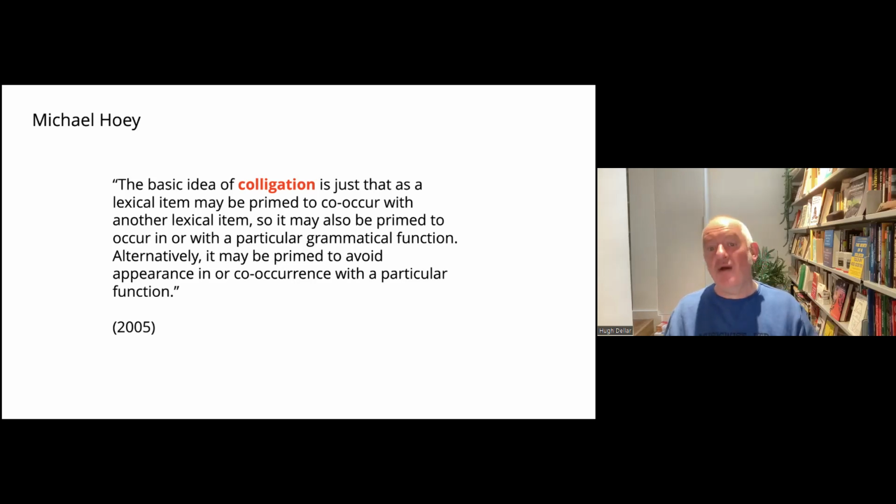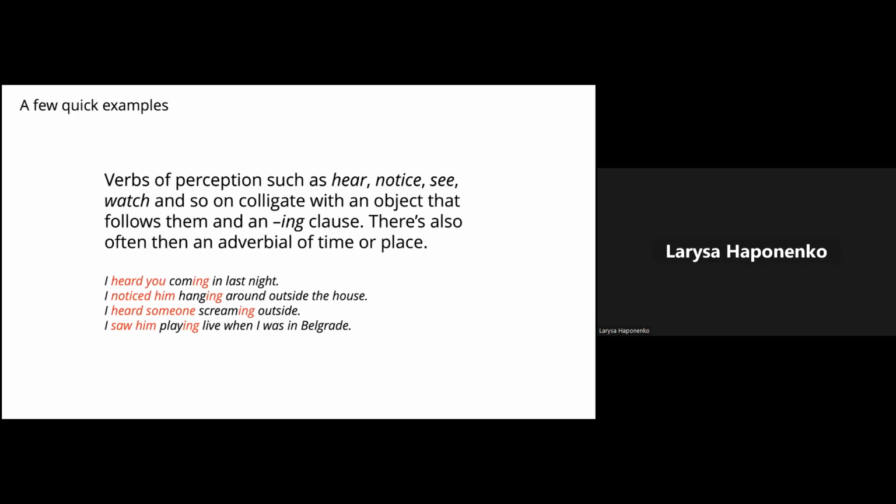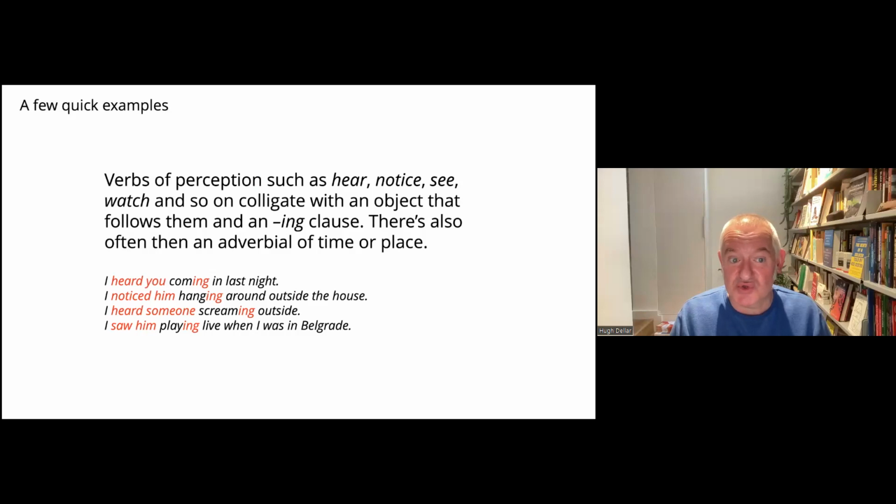Hopefully this will make sense when we look at some examples, and there is a reason why all of this connects to your classroom, in case you're panicking about that. Take some of these verbs of perception, like hear or notice or see. They often have very particular colligations.